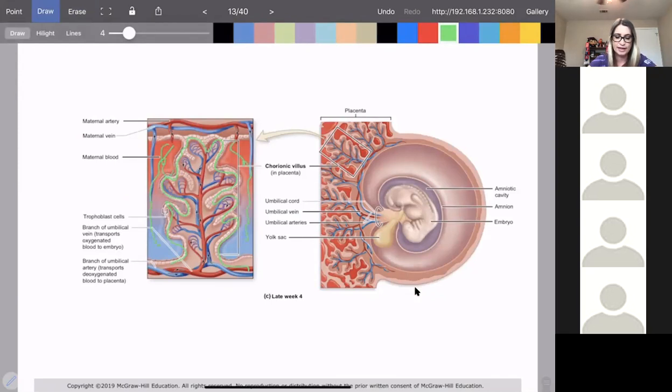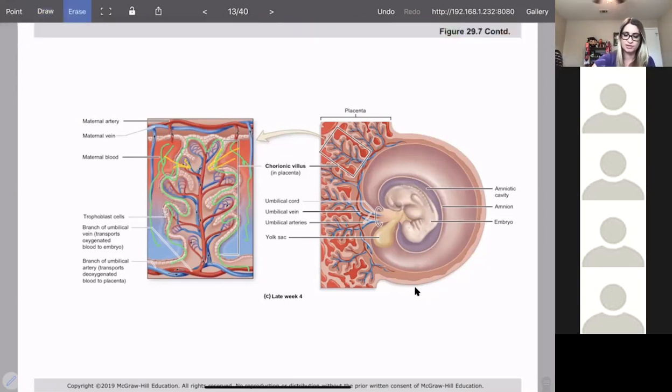Okay, and the nutrients would diffuse into the fetal blood from the mom's blood, and carbon dioxide and waste from the embryo and then later fetus would diffuse the other way. And so that's kind of how that works.